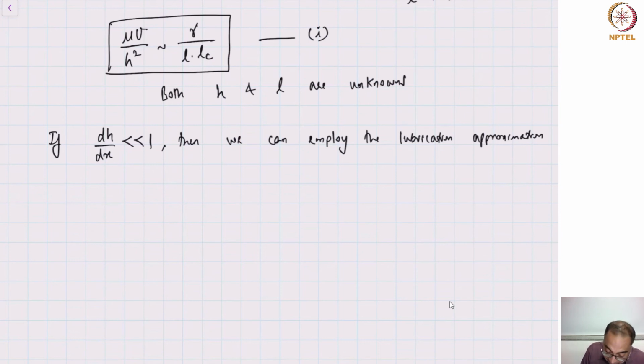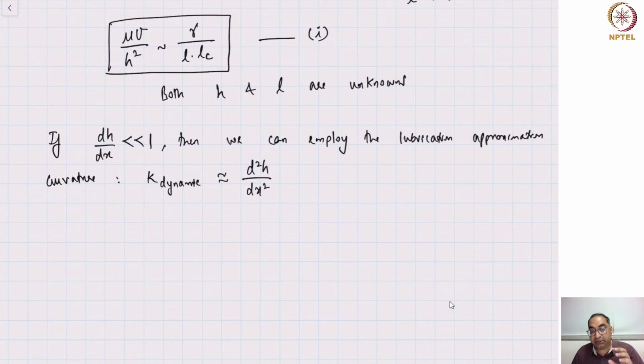In this lubrication approximation, we have the curvature in the dynamic meniscus would be d square h by dx square.